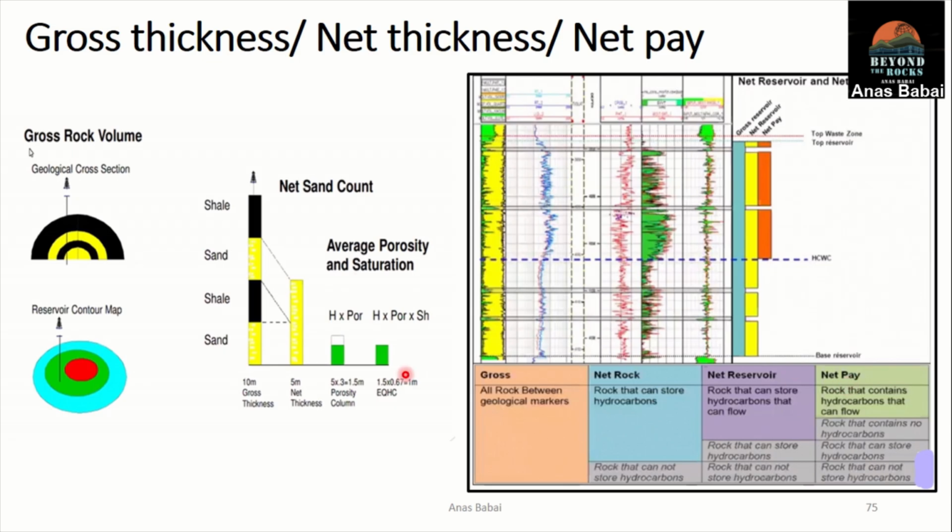If one of these criteria is not met, so for example, if we came to this interval and we find that the porosity is 25, it's acceptable because it's more than 20%. Our cutoff value is 20% porosity, so if it's 25, that means it's above 20%, and that's acceptable.